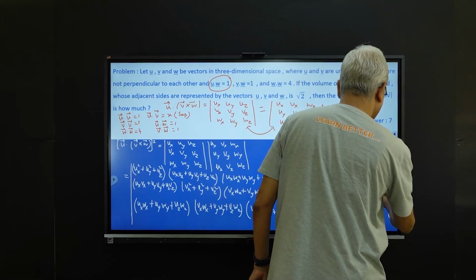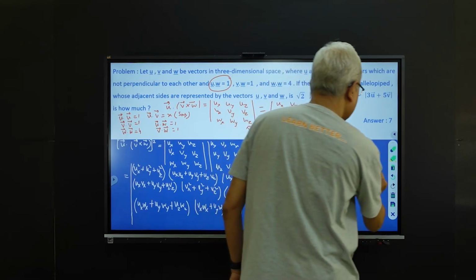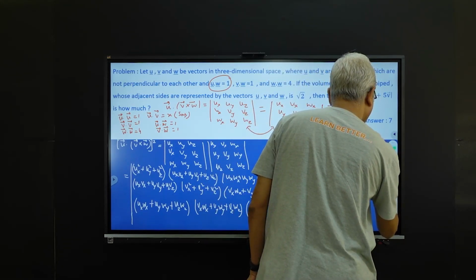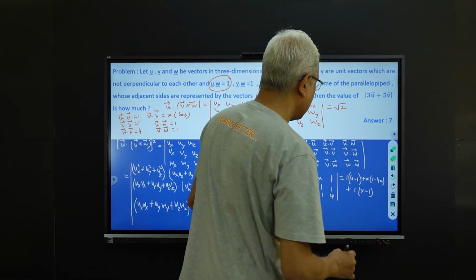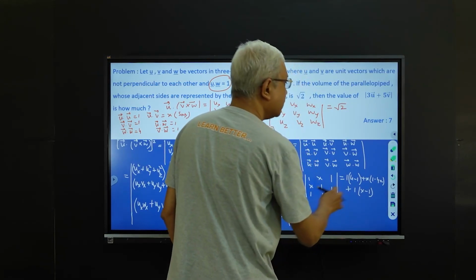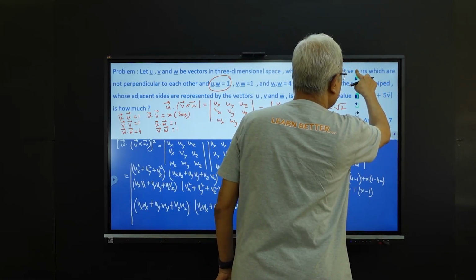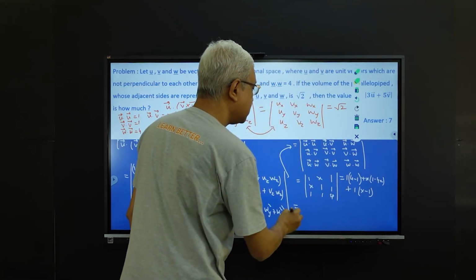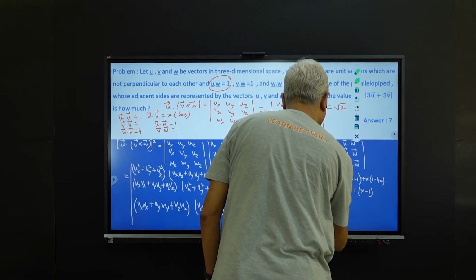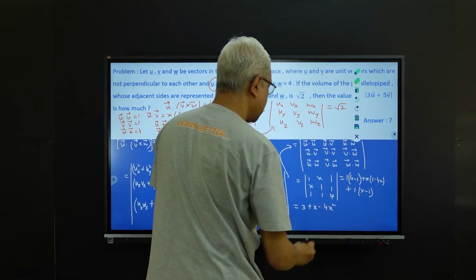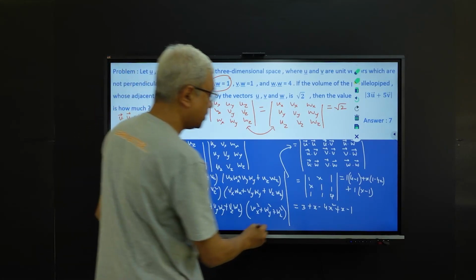It is not x, it is x times (1 minus 4x), plus 1 times (x minus 1). So how much is this value? So it is 3 plus x minus 4x square plus x minus 1. So it is how much?